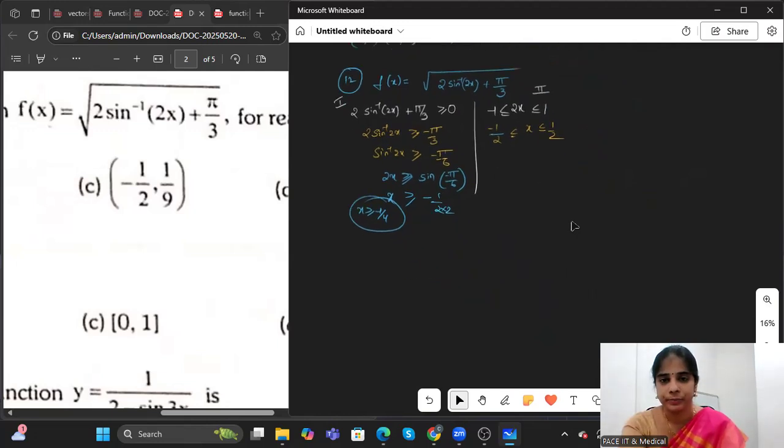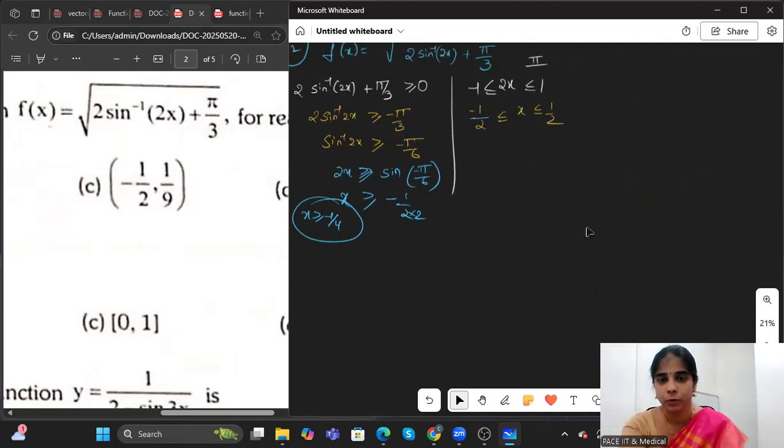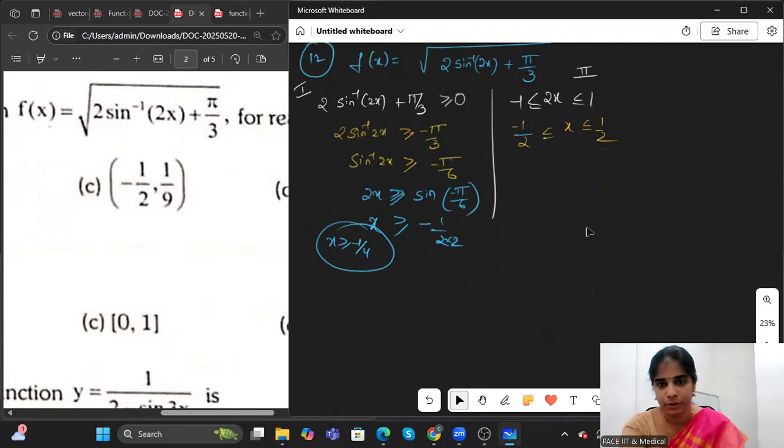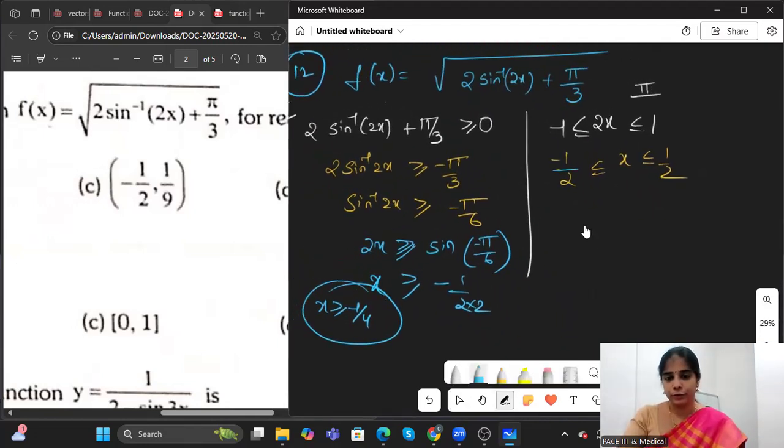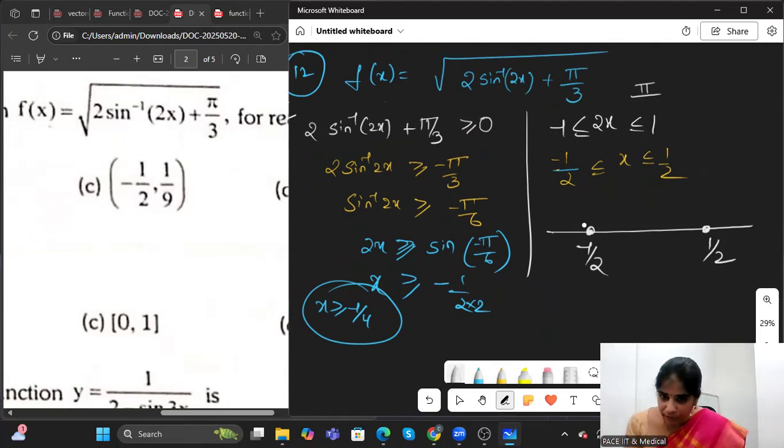Now observe here. Together we are going to plot them on the same number line, similar to what we have done for the earlier cases. So I am just taking one number line, that is minus 1 by 2 and this is plus 1 by 2. Now tell me, 1 by 4 is greater or smaller than 1 by 2?